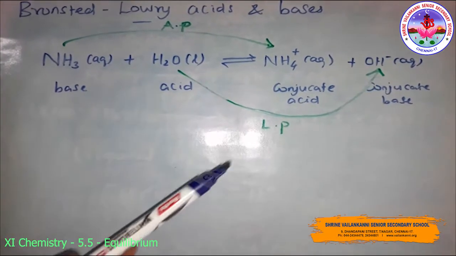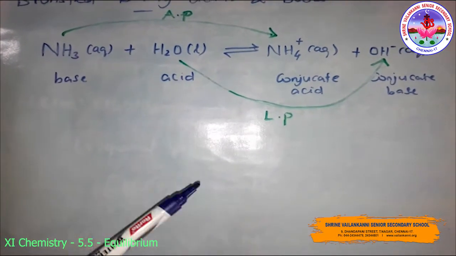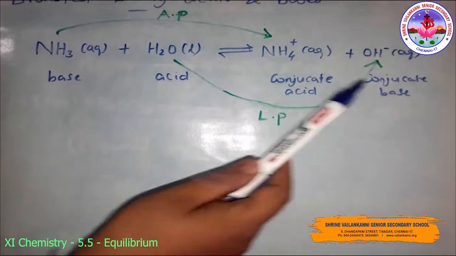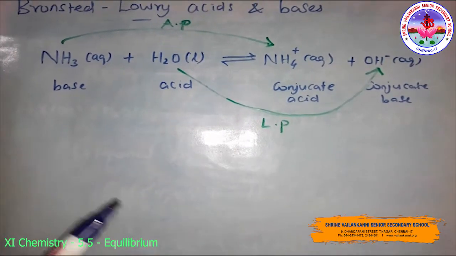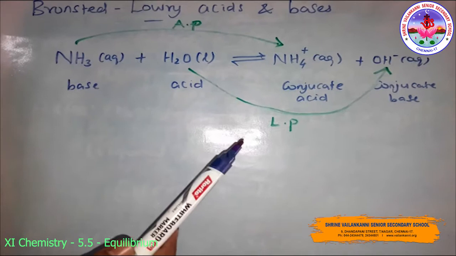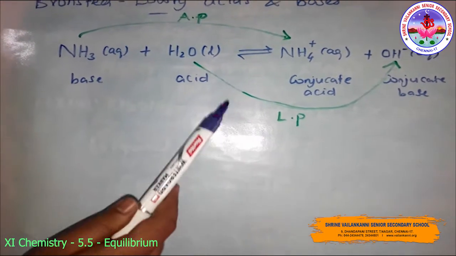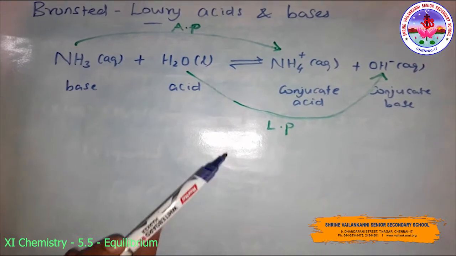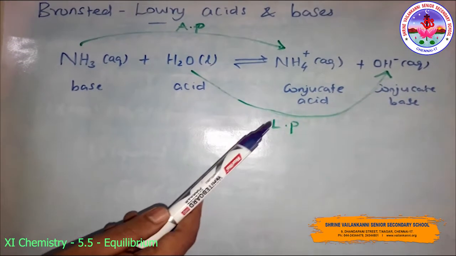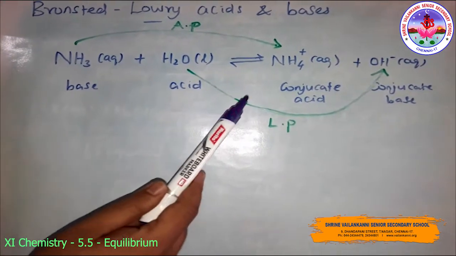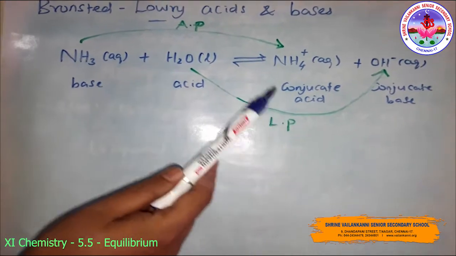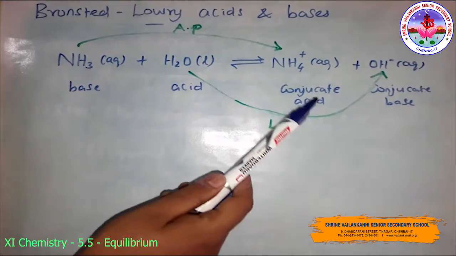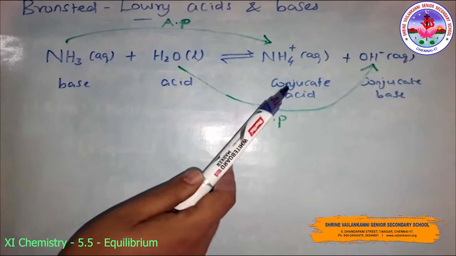Therefore OH minus, the hydroxide ion, is the conjugate base of H2O, and NH4 plus, the ammonium ion, is the conjugate acid of the base ammonia.